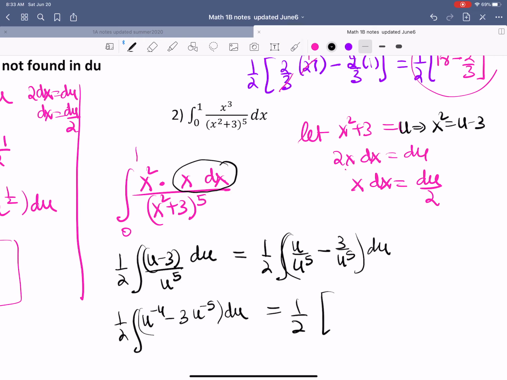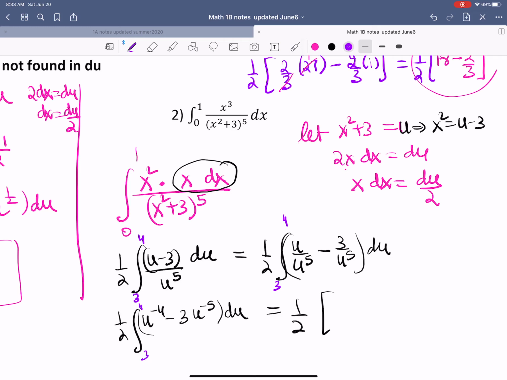Let's go ahead and do the integration now. I actually dropped the bounds, so I should keep the bounds in terms of u now. When x is 0, u is equal to 3. And when x is 1, u is equal to 4. So from 3 to 4 are my bounds.